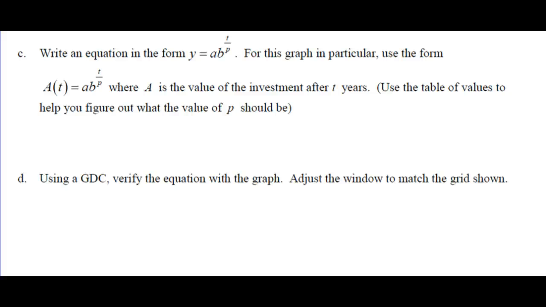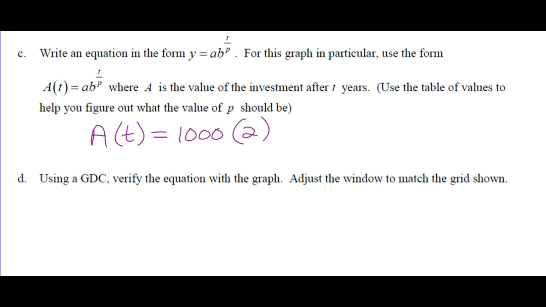Write an equation in the form y = a·b^(t/p) for this graph in particular. Use the form A(t), so the amount of the investment after t years. Use the table of values to help you figure out what p should be. So A(t), we know we've got 1,000 times 2.